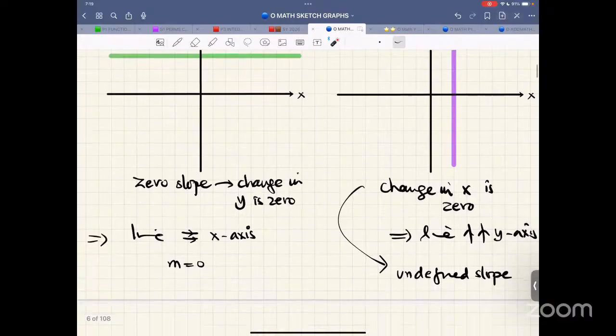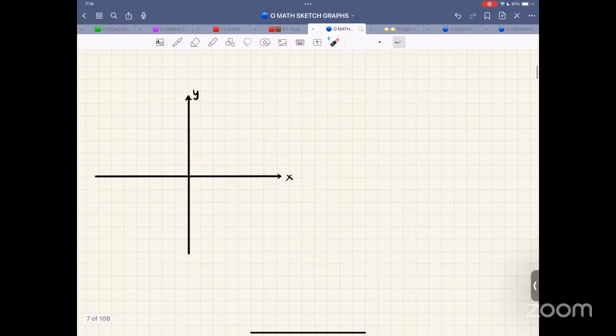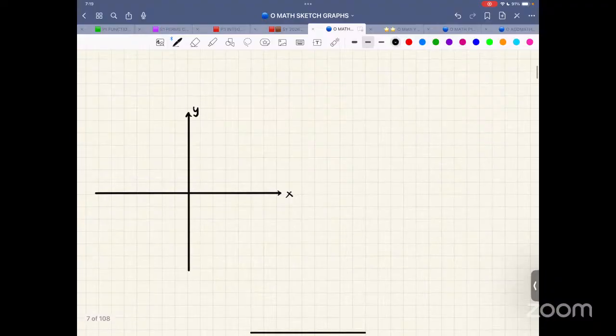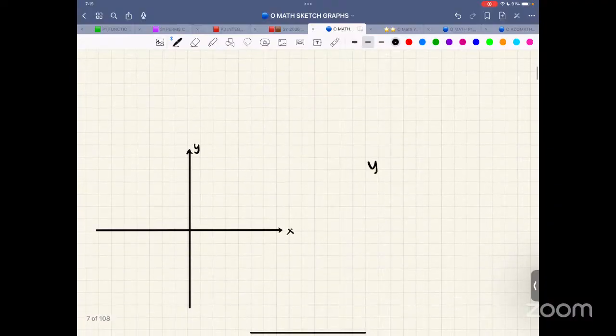Now, let's move on. If they ask me to draw a sketch, so this is all about sketching for right now. So we are doing sketching first, and then we will move to the graph. y = 2x + 1. Let me write y = 3x - 4.